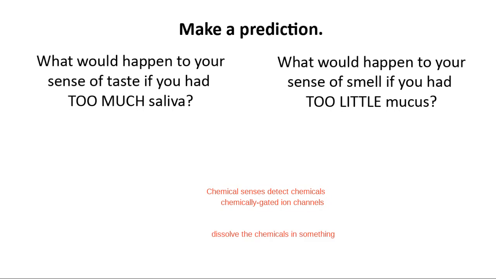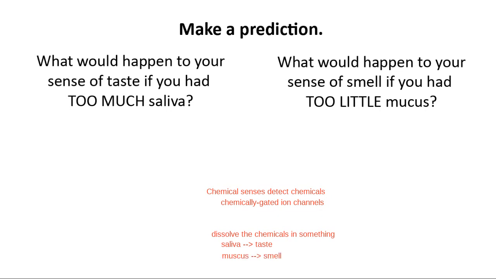I'm going to put generically there. We've got to dissolve the chemicals in something for us to be able to detect them. So like we mentioned, that's going to be things like saliva when we're talking about taste, or things like mucus when we're talking about smell.